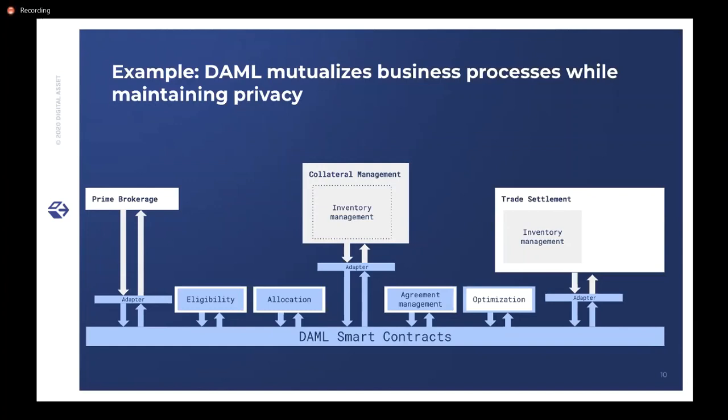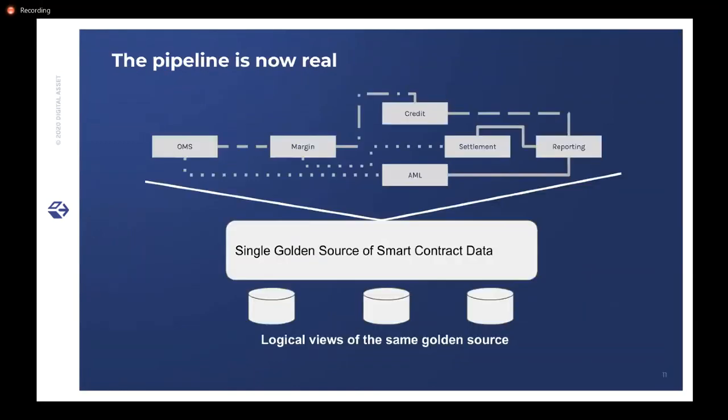And for the first time with this model, you see that your business process is reflected in the Daml smart contracts that you write. So at any point in time, you could look into your Daml smart contract layer and easily figure out what your business process looks like, who the stakeholders are, what kind of data they are sharing, and if there is a process break, where that break happened. And now the result is that the pipeline is now real.